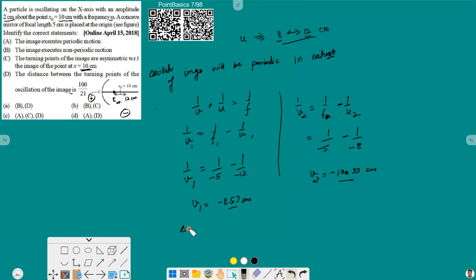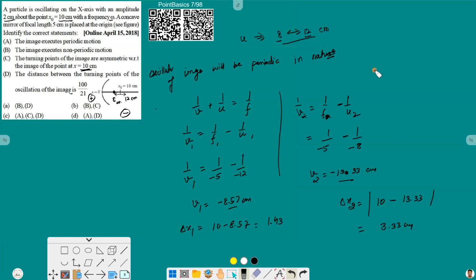So delta x1 will be 10 minus 8.57, taking only the magnitude, and this is equal to 1.43, and delta x2 will be equal to 10 minus 13.33, and we again take the magnitude, because we are only interested in whether the magnitudes are equal or not, and this is 3.33 centimeter.